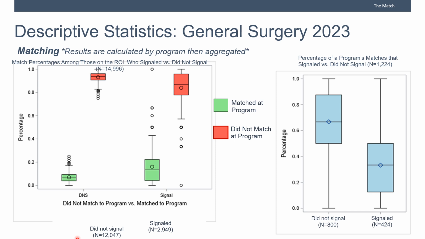Looking at the green box plots, for those that didn't signal, 6.6% ended up matching to that program, whereas for those that did signal, 14.4% ended up matching to that program. This data suggests that applicants who signal have a higher likelihood of matching to that program compared to those that did not signal. That's evidenced by the higher percentages of match to that program on the signal side of the box plot compared to our non-signalers.